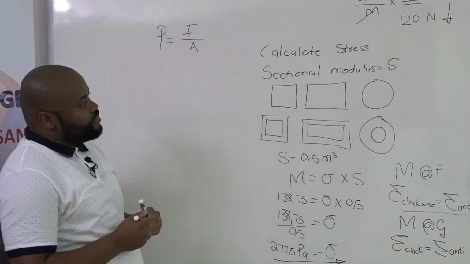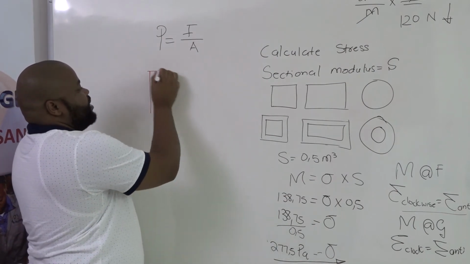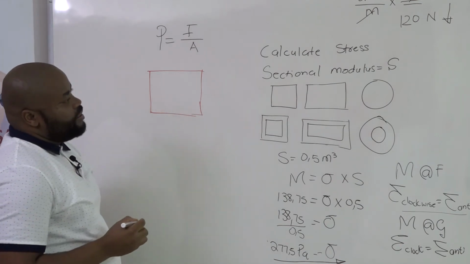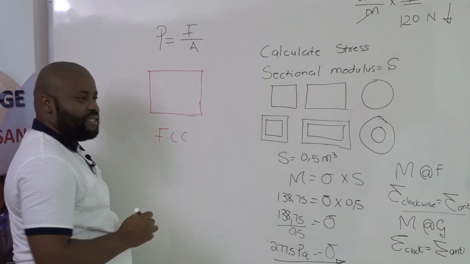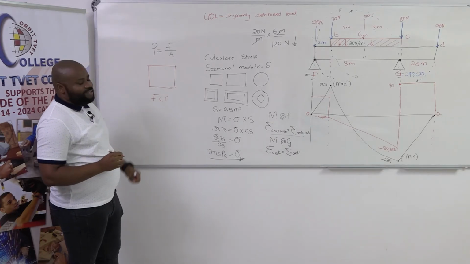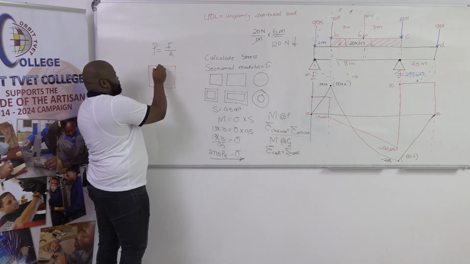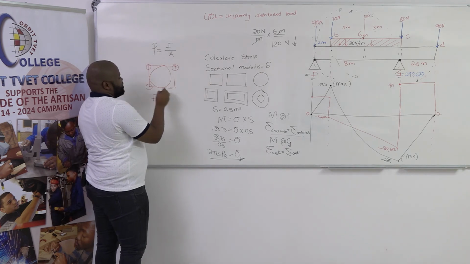Remember that once a beam is under pressure, it depends on the type of beam that we have. Maybe the beam consists of an FCC structure, or body-centered cubic, meaning that it's got a big atom in the center, and small atoms at the corners.